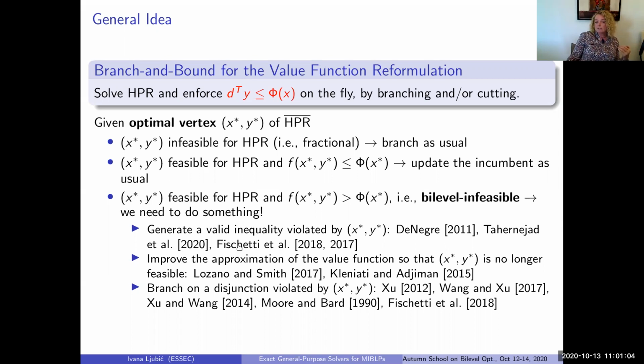And this idea is also used in our papers that we have published in the last 2 years on developing intersection cuts for cutting off these infeasible points.